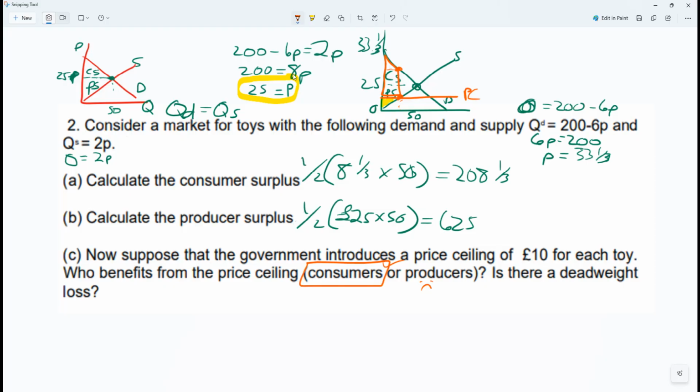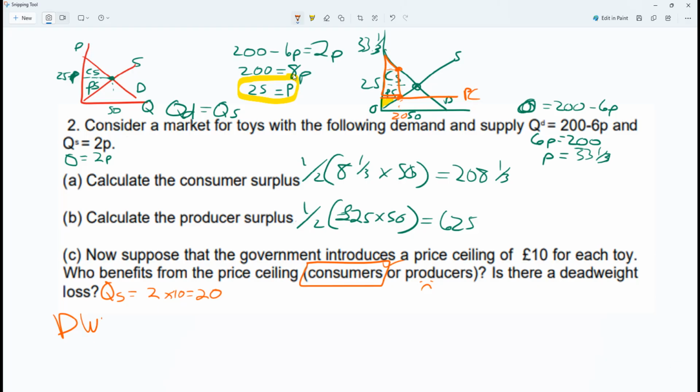So deadweight loss first, area of this triangle. What I would do is plug in 10 pounds into the supply curve. So QS equals 2 times 10, and this equals 20. So 20 is our quantity right there. And then let's do the deadweight loss.